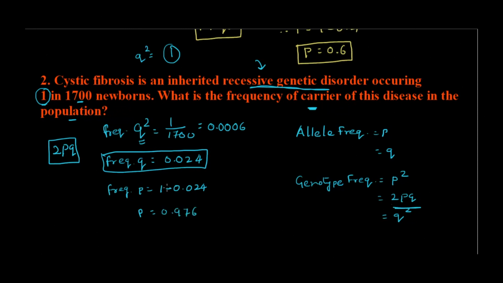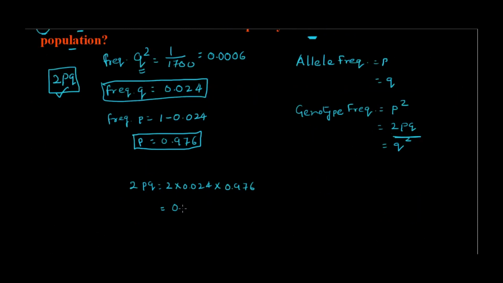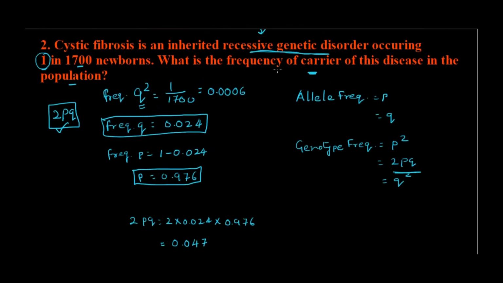So when you add these two, it will become 1. So now I have got my p and q allele frequencies done. Easily I can find out 2pq, that is the carrier for the disease. So 2pq should be 0.047.